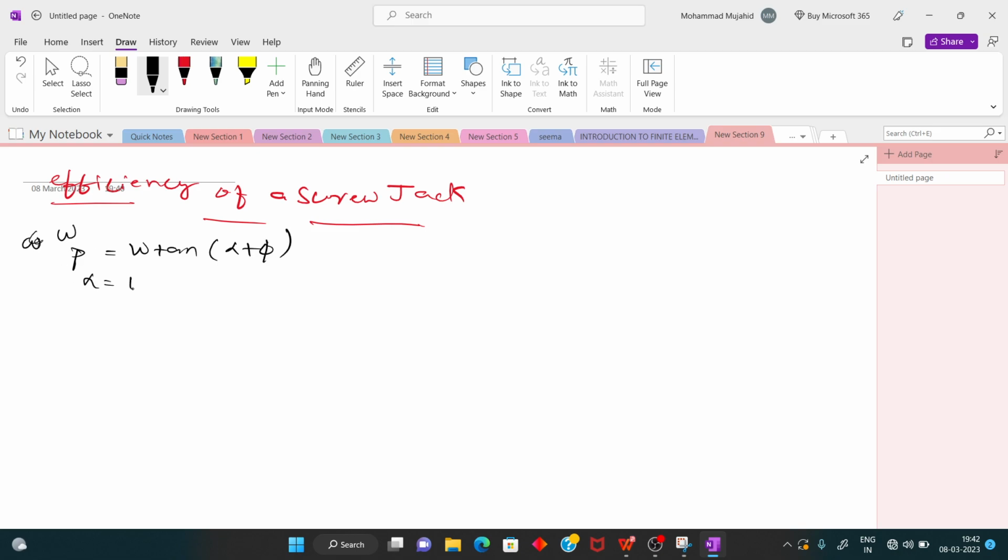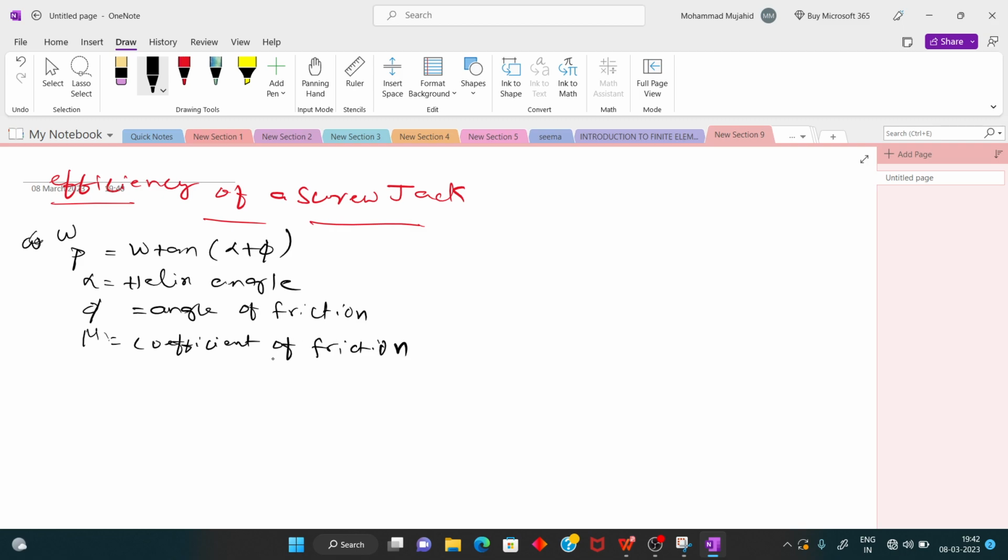Alpha is the helix angle and phi is the angle of friction. And mu is the coefficient of friction between the screw and nut, or otherwise it can be given as tan phi.